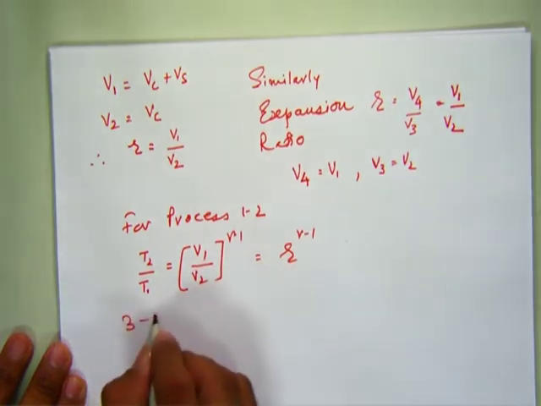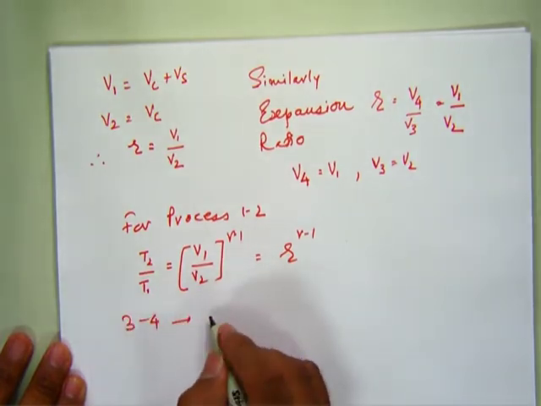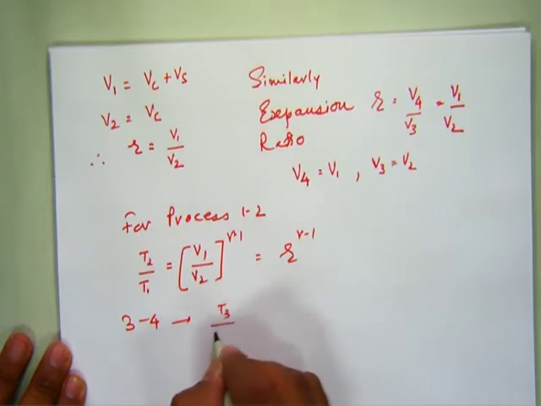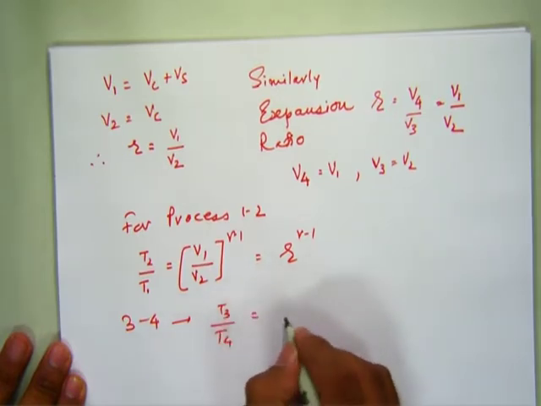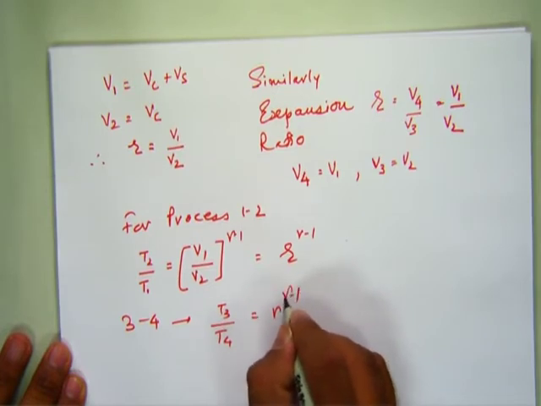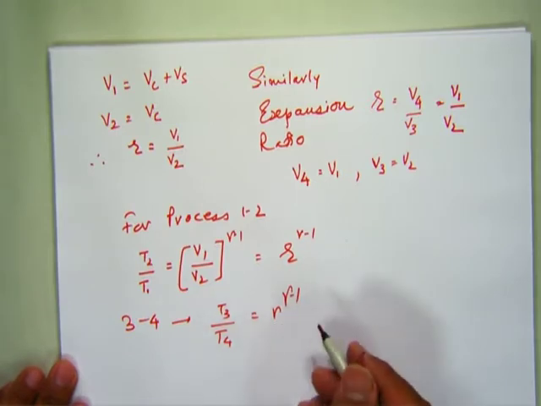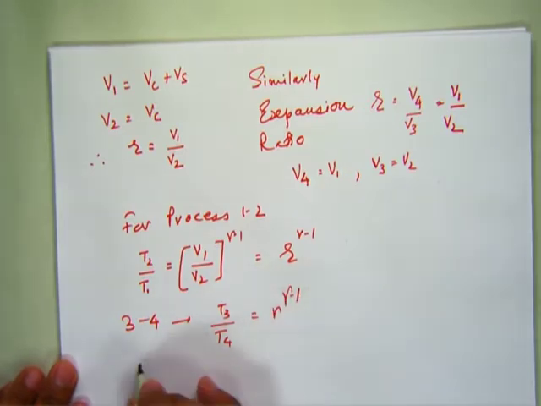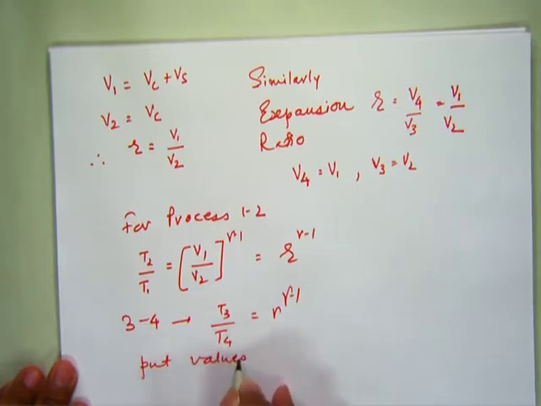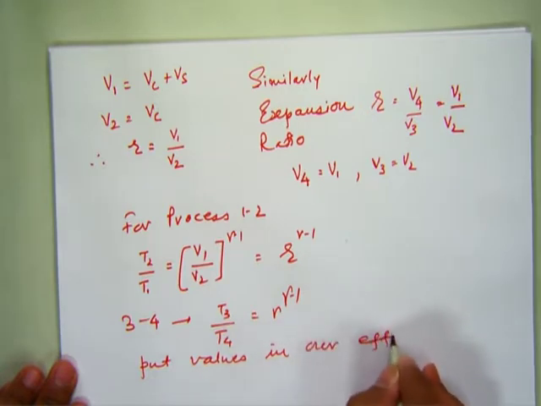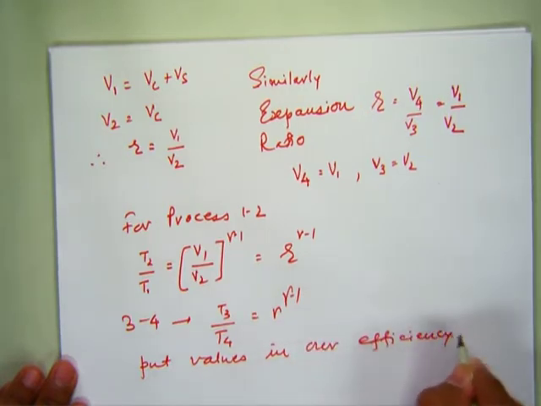For process 3-4, you also have T3 upon T4 is equal to R raised to gamma minus 1.